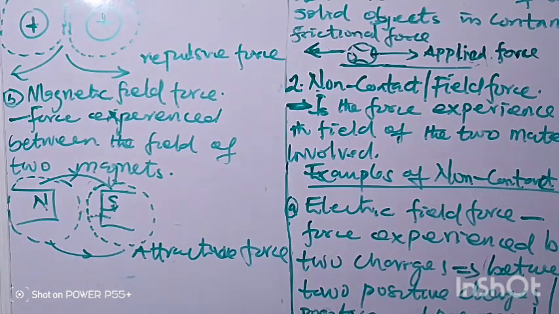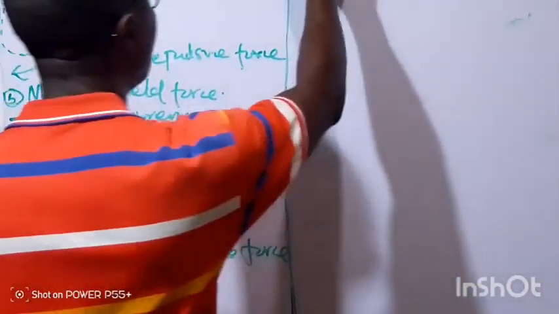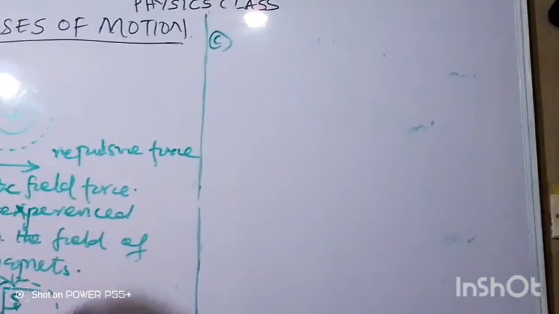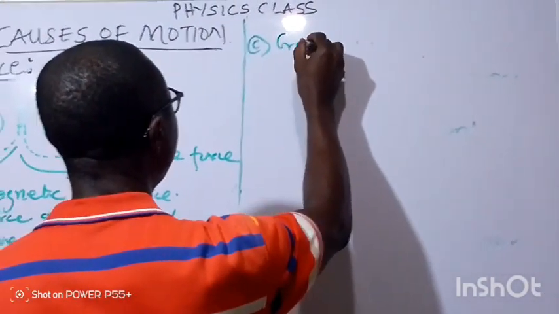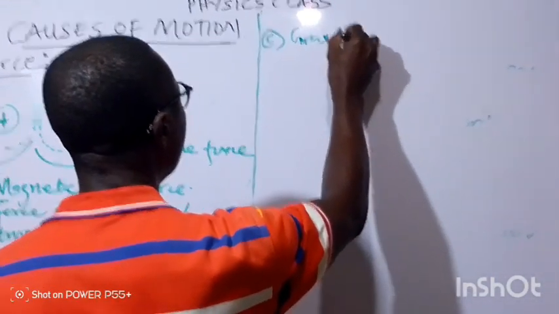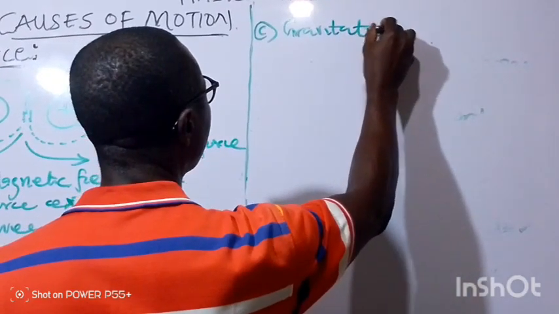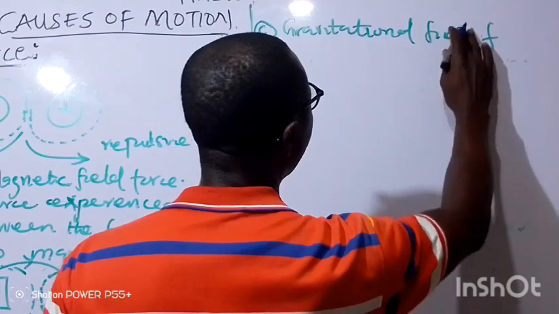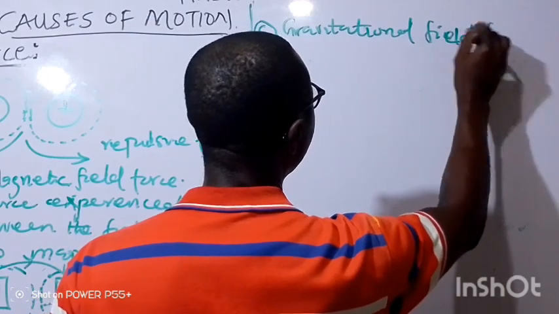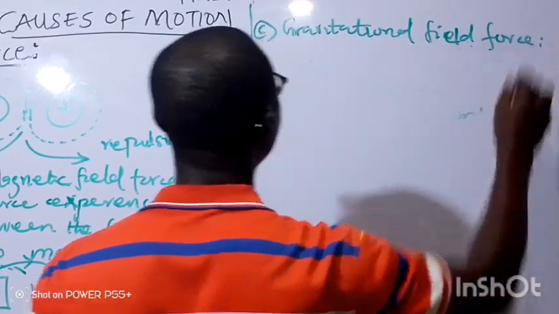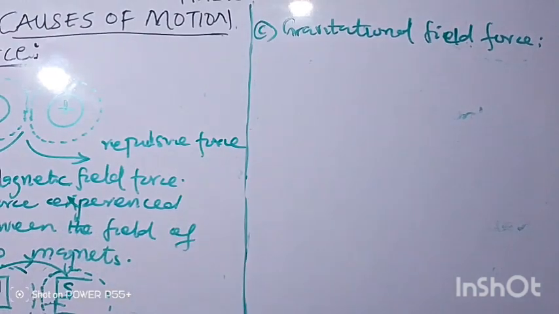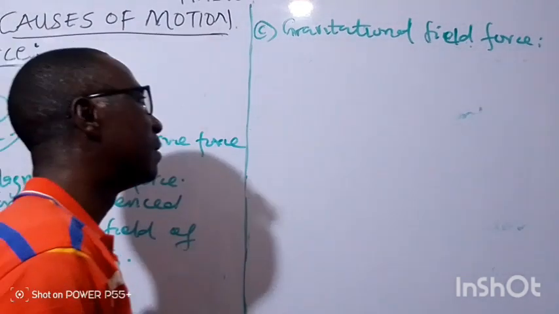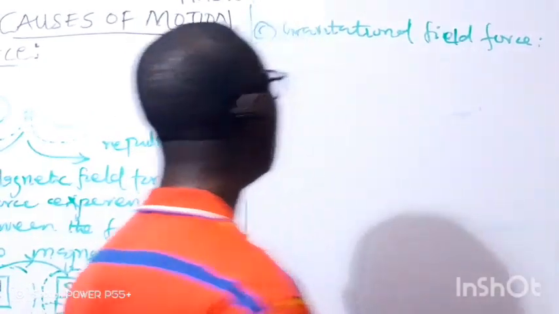The third one, which is under non-contact force, is gravitational field force. And when you say gravitational field force, this is the force that the Earth exerts on a unit mass on the Earth's surface.